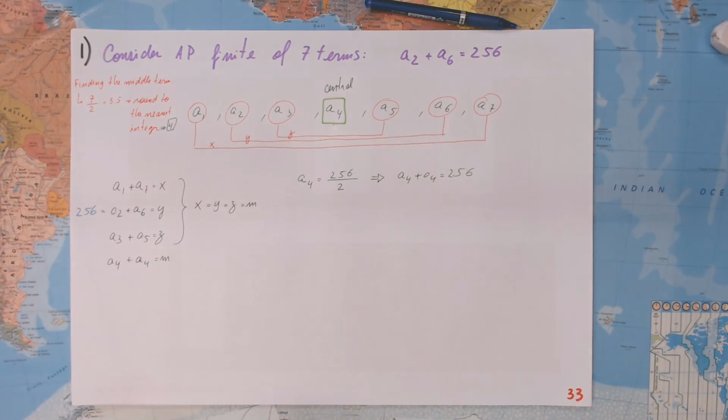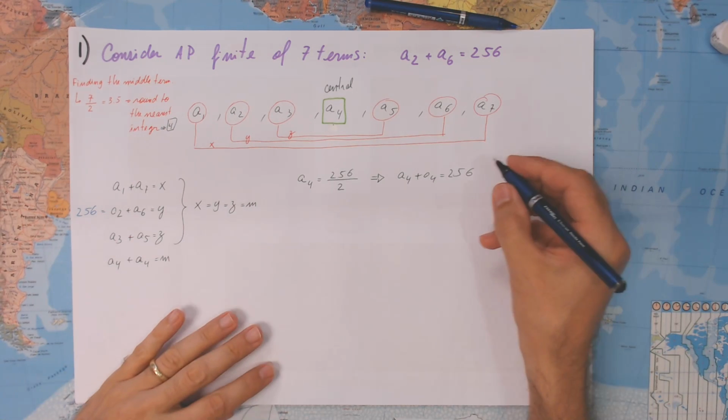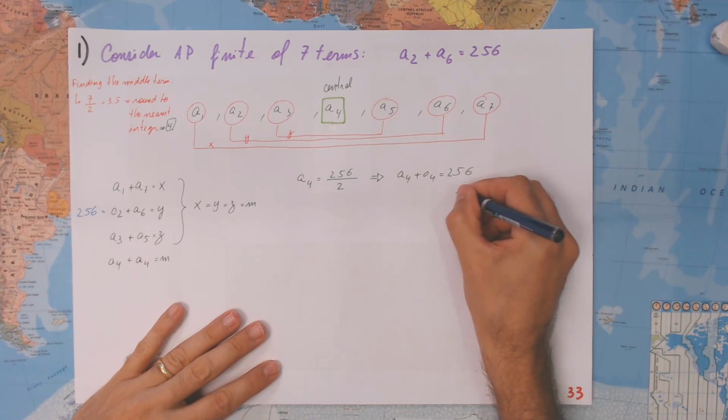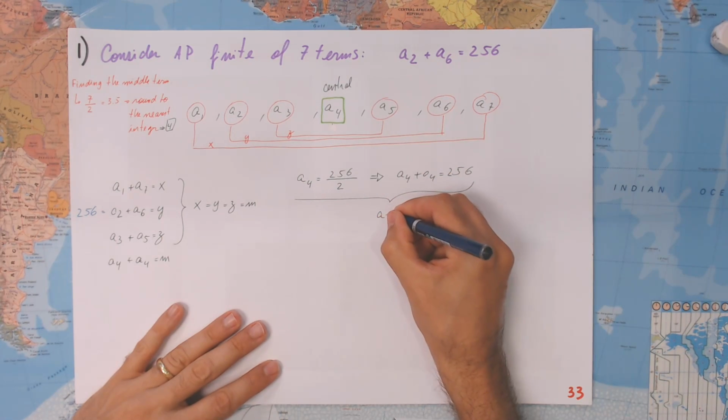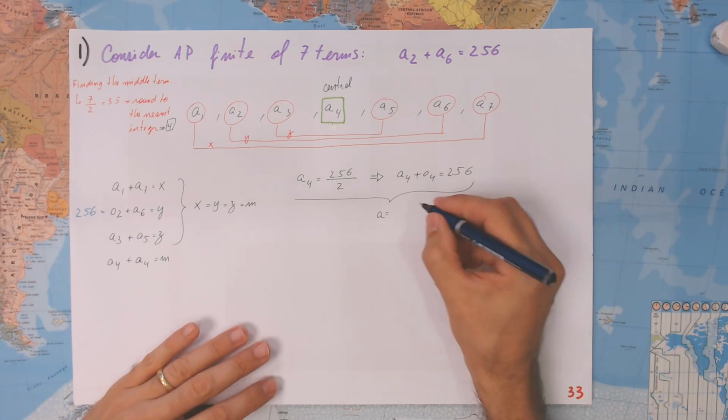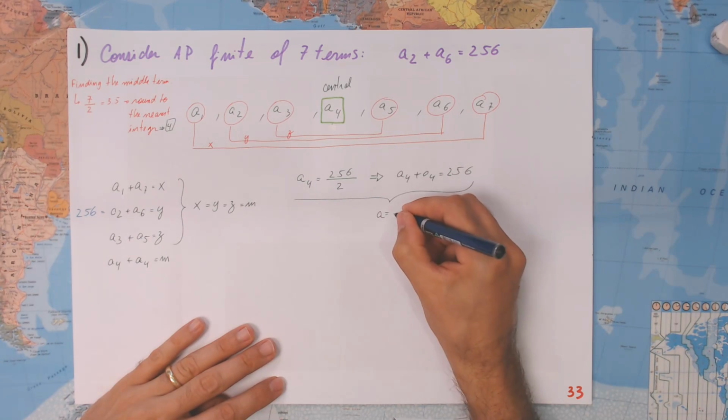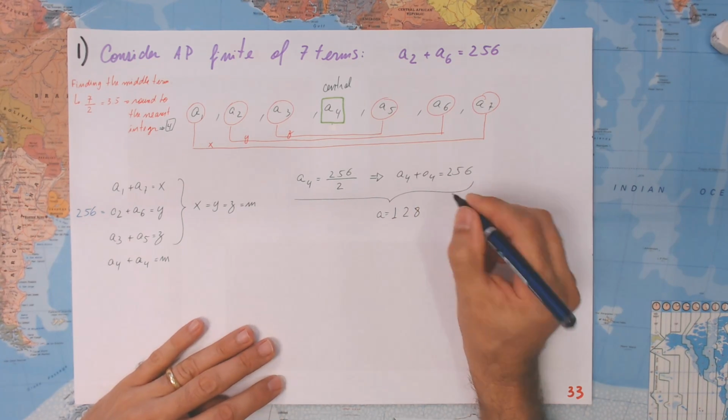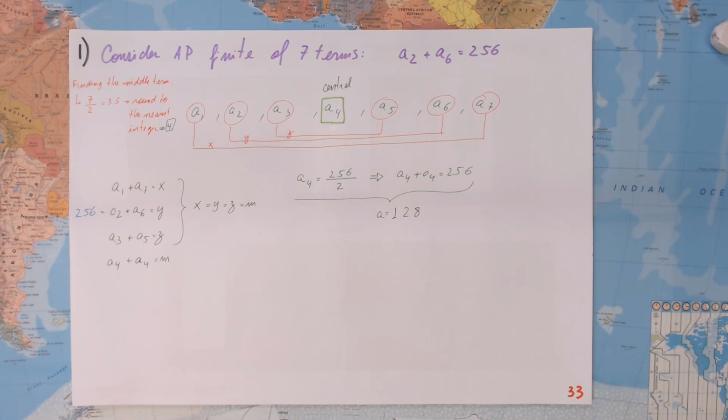So it's very easy. There is not much more to say about it. It's very straightforward. So what is A4? Just judging by that, A4 is going to be 128, if I'm not mistaken, right? 128. Yes.